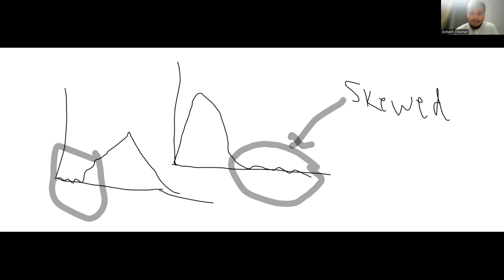So skewness means that when we look at the graph, we see where my data points are, because these all are the data points. Here is a data point, and here are some more data points like this.